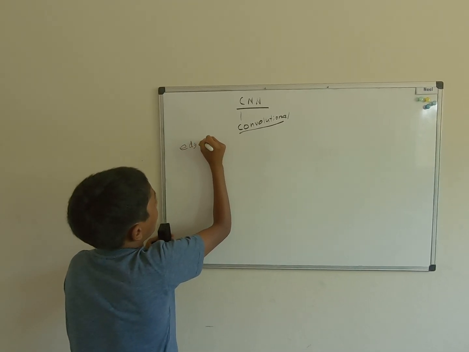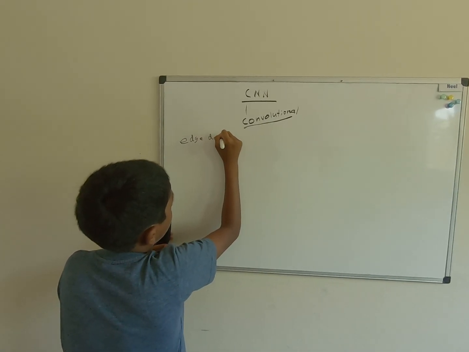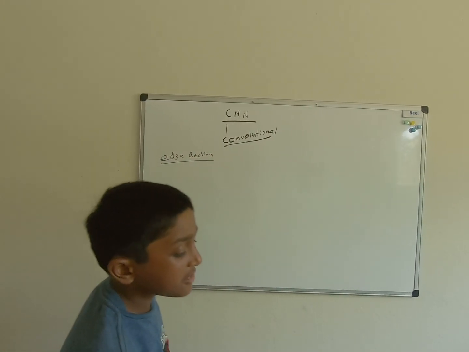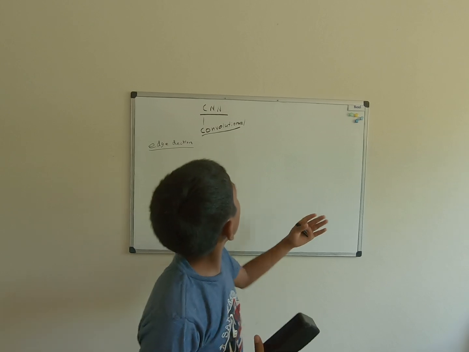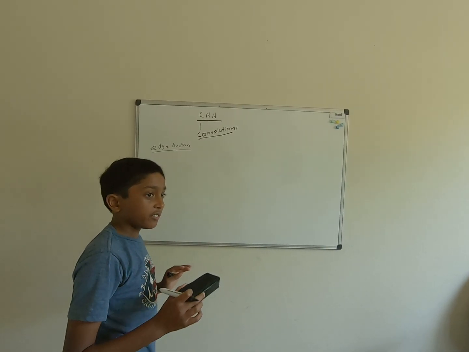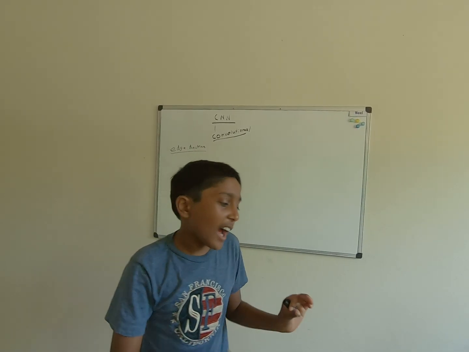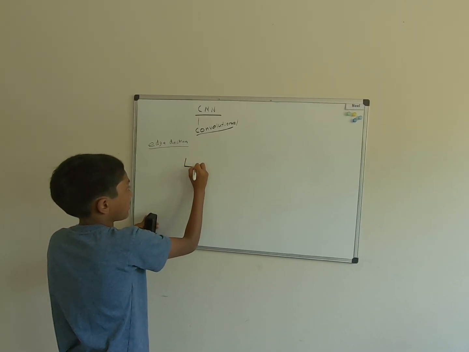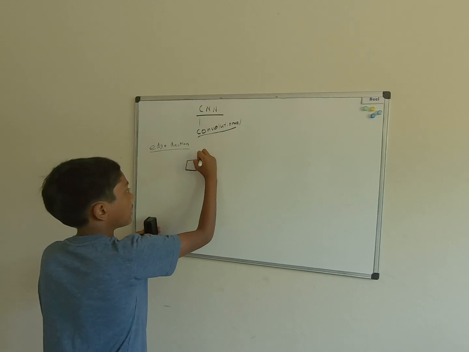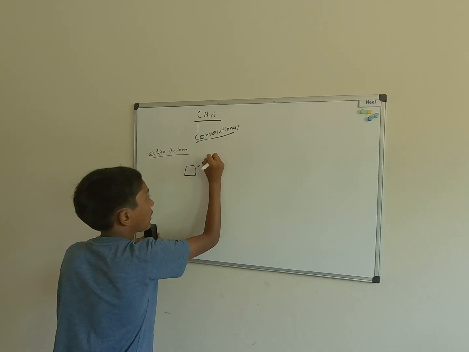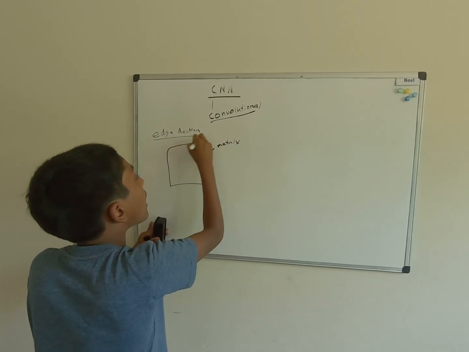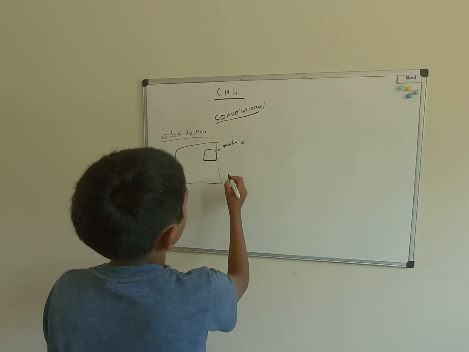So the first one is edge detection. Edge detection detects the edge, and it's convolution because you have this notion of a kernel, which is this mini matrix. But then you put that on top of your larger matrix.